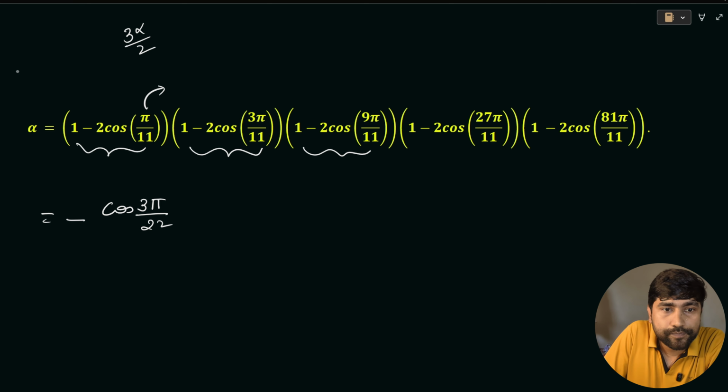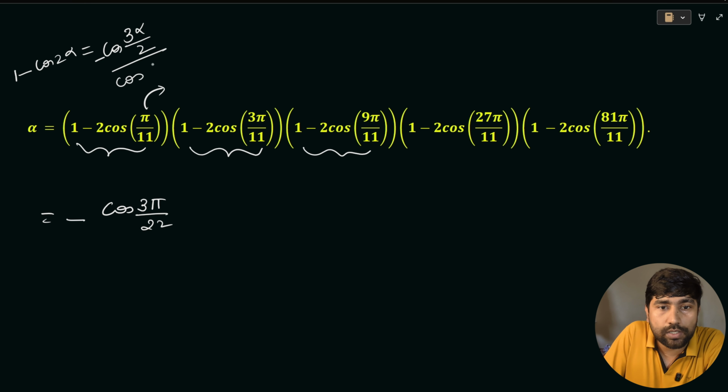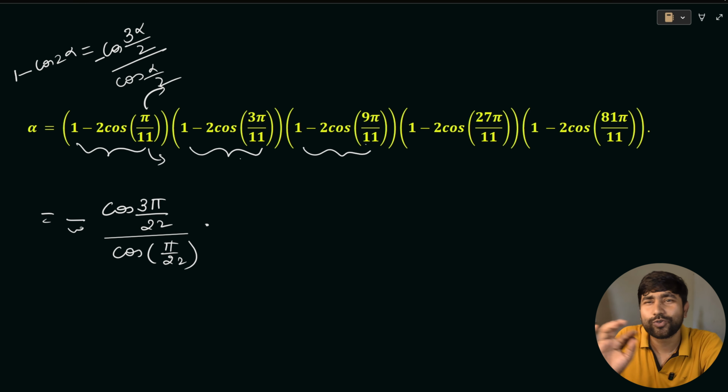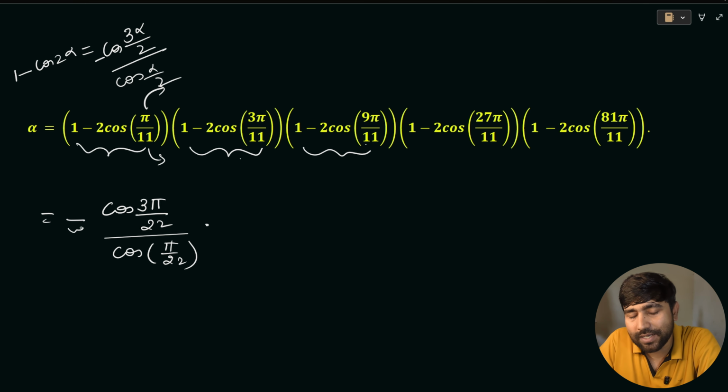1 minus 2 cos alpha equals minus of cos 3 alpha by 2 upon cos alpha by 2. So minus cos 3 pi by 22 in numerator, and in denominator cos alpha by 2, that is pi by 22. So for each we will get minus, minus, minus. Since minus is multiplied here 5 times, that will become minus only. So from now onwards I am not going to write minus always.